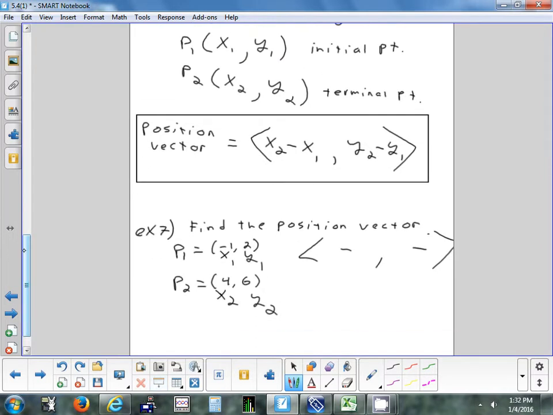Okay, Kobe, what's x2 here? Yep, x2 is 4. Okay, Cooper, what's x1? -1. Okay, and then we need y2. Brianna, what's y2? 6. It's 6 minus y1, which is 2.